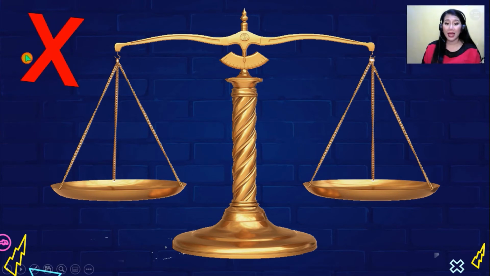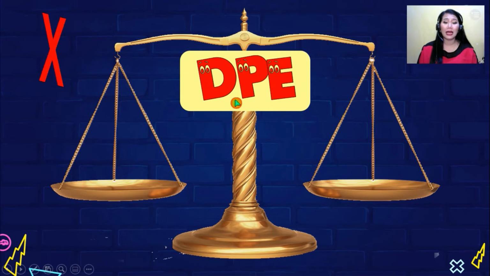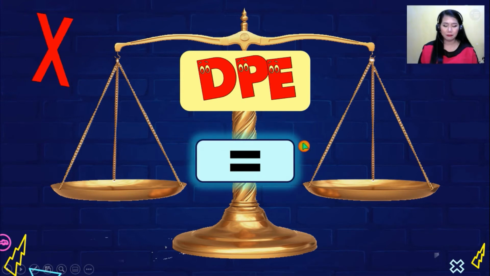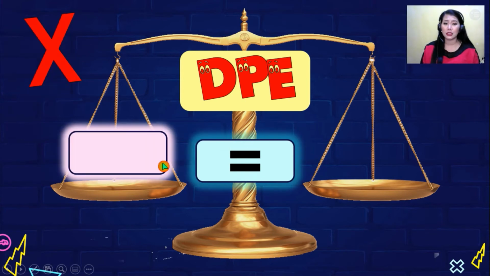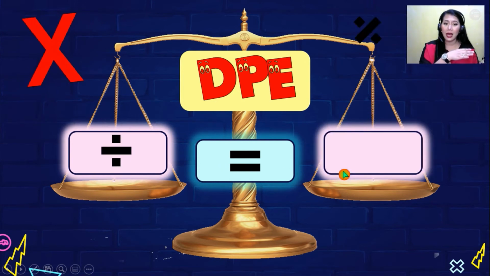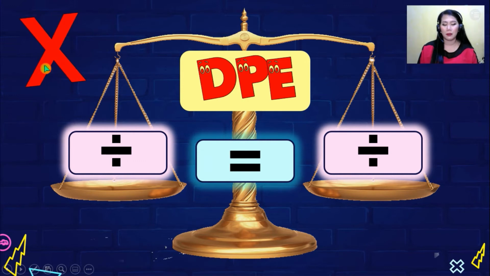So, for that case, you're going to apply the division property of equality. Dahil naka-times yun, gagamitan mo siya ng opposite operation niya, which is DPE. Now, in your equation, sabi dito, kung nag-divide ka sa kaliwa, therefore, mag-divide ka rin sa kanan. That is what we meant by DPE. But take note again, you're only going to use this whenever you see a multiplication.